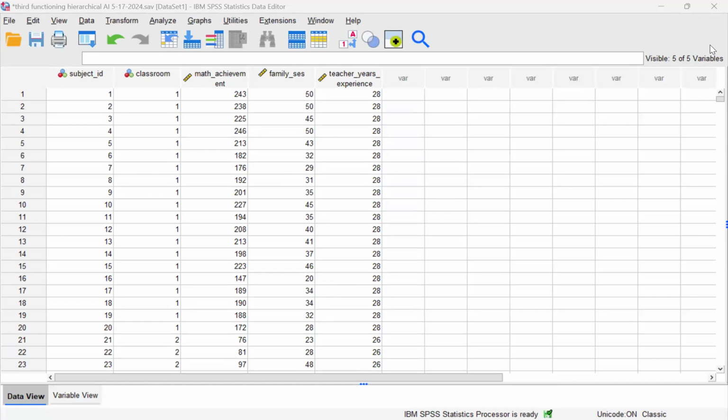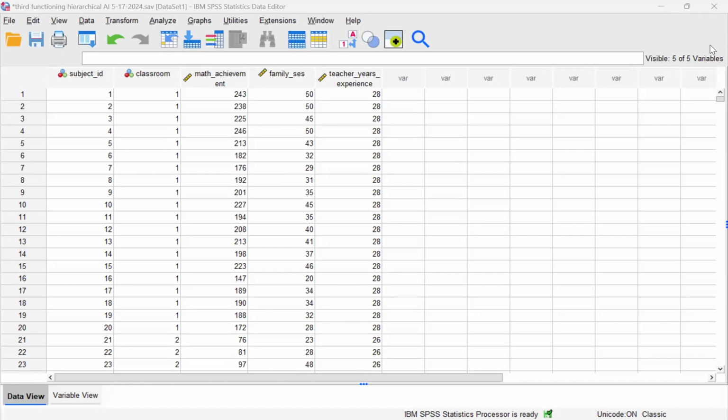And we have just added in SPSS, and in my mind, a component to the combined equation, which will be gamma 1 naught family SES.